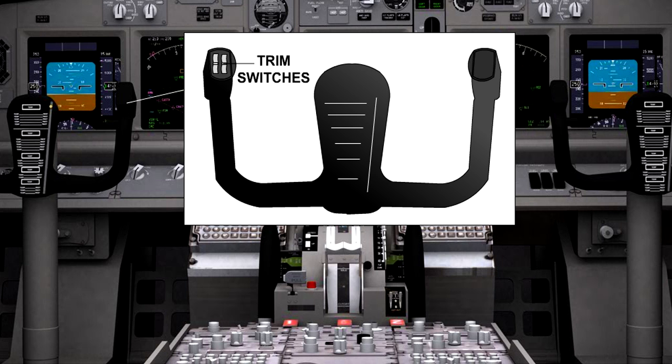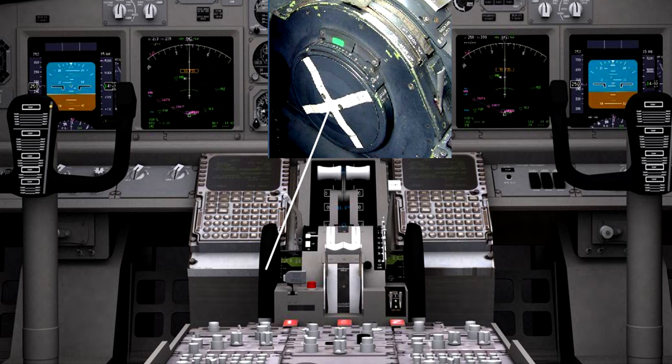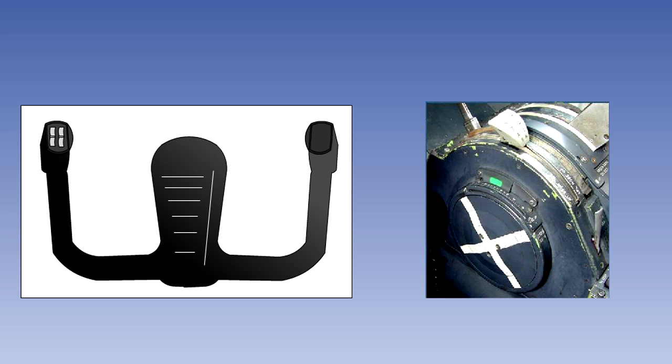Electrical control is by trim switches, which operate in pairs. These are usually found on the control column or yoke. There may also be a pair of manual control levers mounted on the centre console. Either both switches or both levers must be moved simultaneously in order to trim the aircraft.